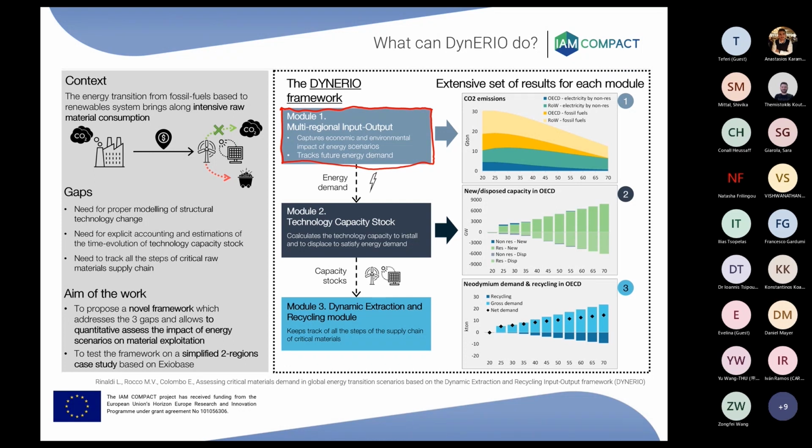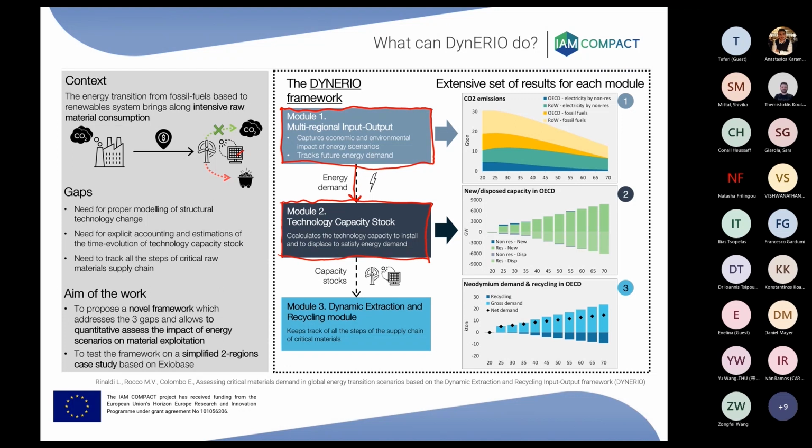This in turn leads to a change in the energy demand as an endogenous parameter that is delivered to the second module, which, based on the energy demand and the technology specification of energy technology, for example, calculates the technology capacity to be installed and to be disposed of year by year.